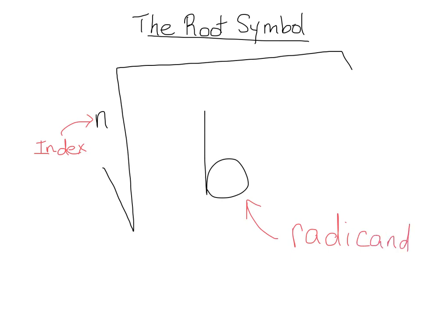In the first example, we were finding the square root of 25, so the index was 2, and the radicand, I like how that sounds, was 25. So the number under the square root sign is our radicand. And of course, this is just our radical sign.